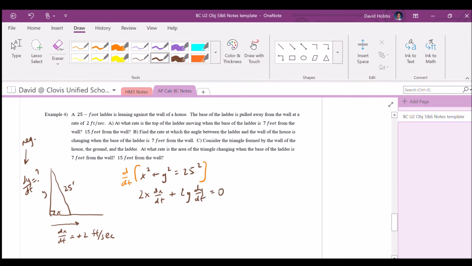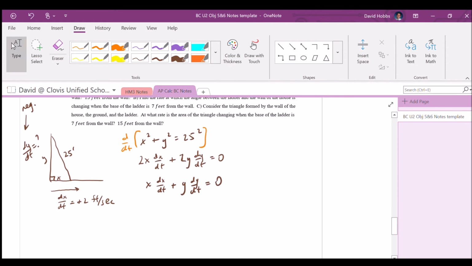Multiplying the entire equation by 1/2, the 2's go away: x dx/dt plus y dy/dt equals 0. Now, I believe we have just about all the information we need.